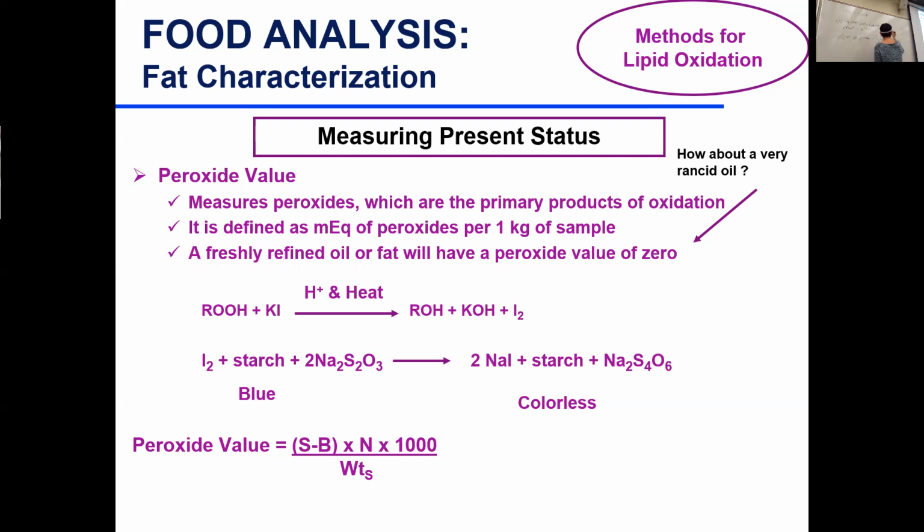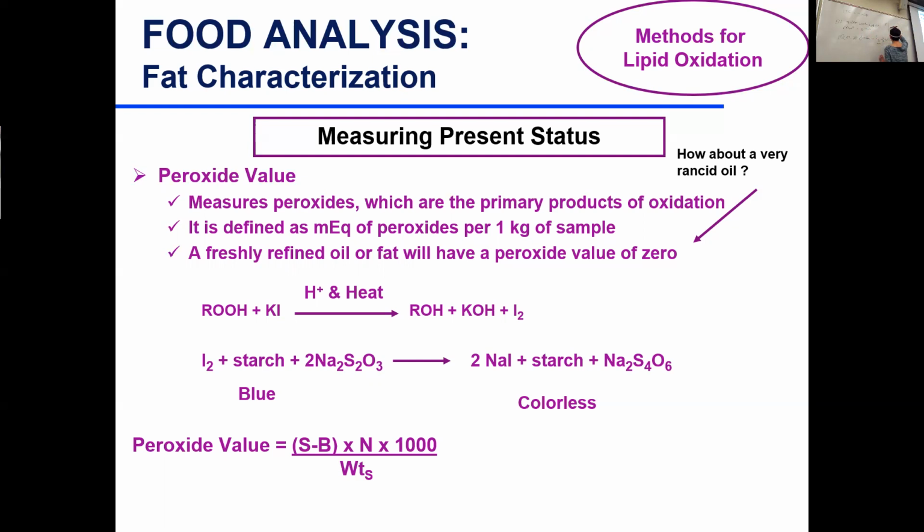So you start with very low if we get an oil that is fresh, but sometimes we purchase oil from the shelf, from the store, and it hasn't been really fresh. So we don't have access to freshly refined oil. What we expect with freshly refined oil is that you start here very low and you reach a maximum.